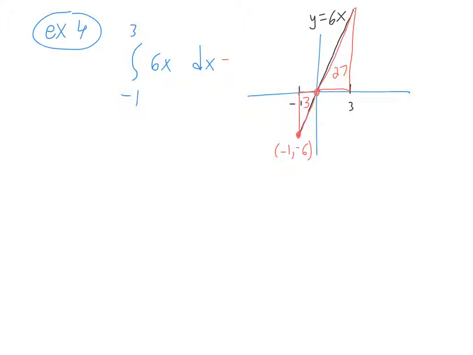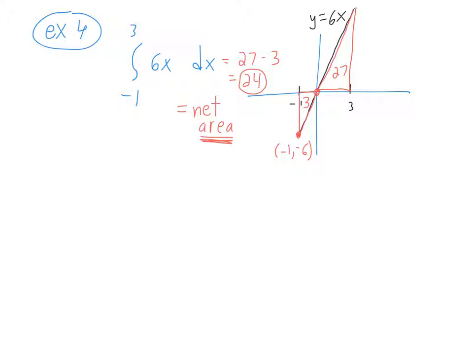So when we look to evaluate this, we really have 27 up top, but then take away that 3 in the bottom, it's going to leave us with a net area of 24. So please understand that these definite integrals will give us a net area. So that means anything below will be subtracted from anything that's up above.